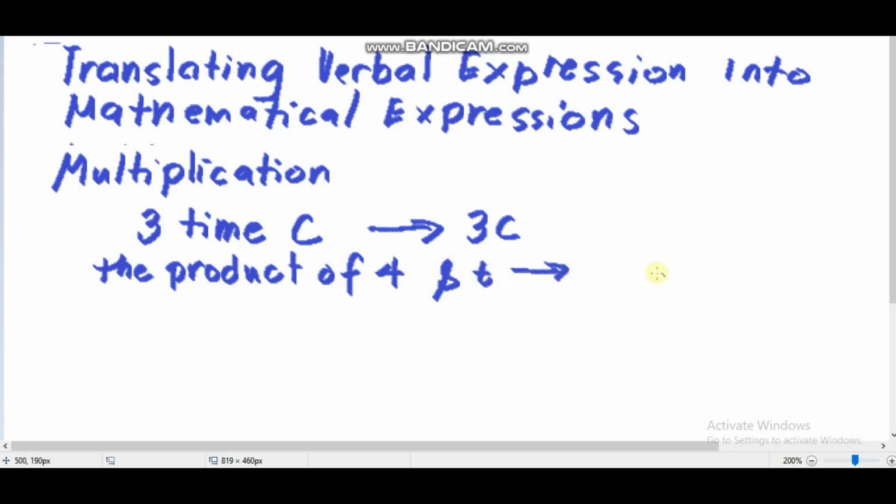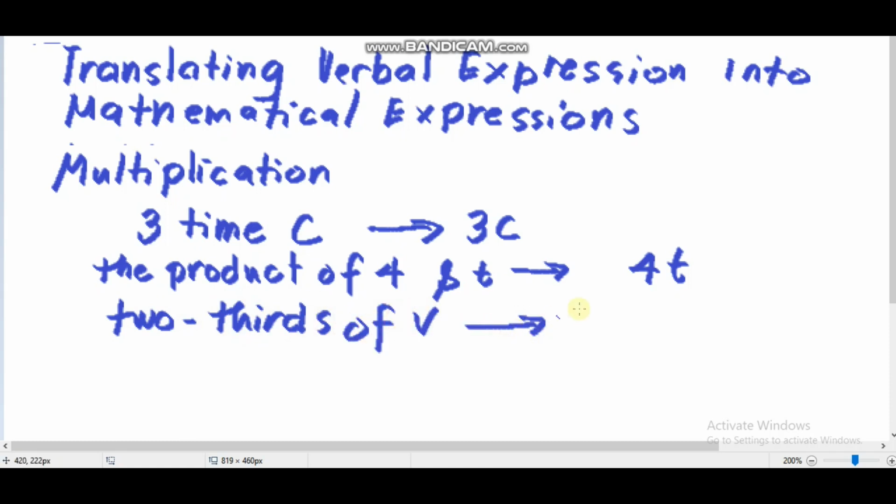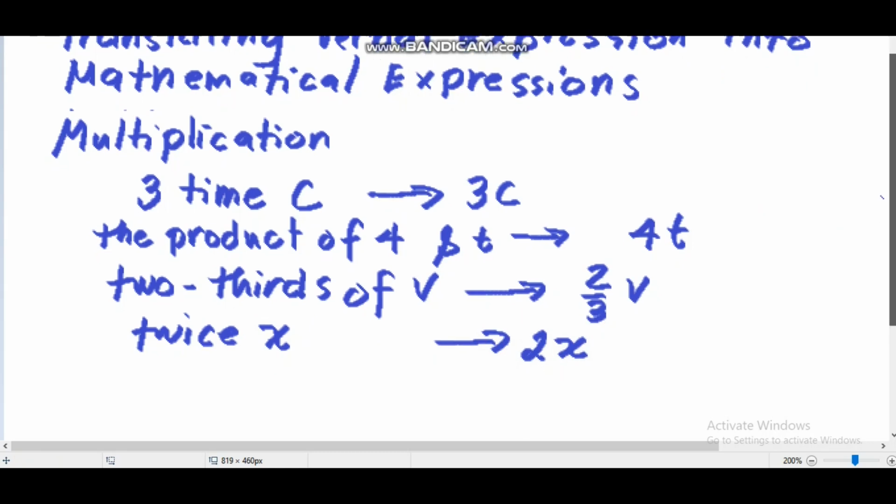The product of 4 and t, that is 4t. Then 2/3 of v. Okay, 2/3 of v. Or 1/2 of x, that is 1/2 x. Then twice x. Twice x, so that is 2x. So that is for multiplication.